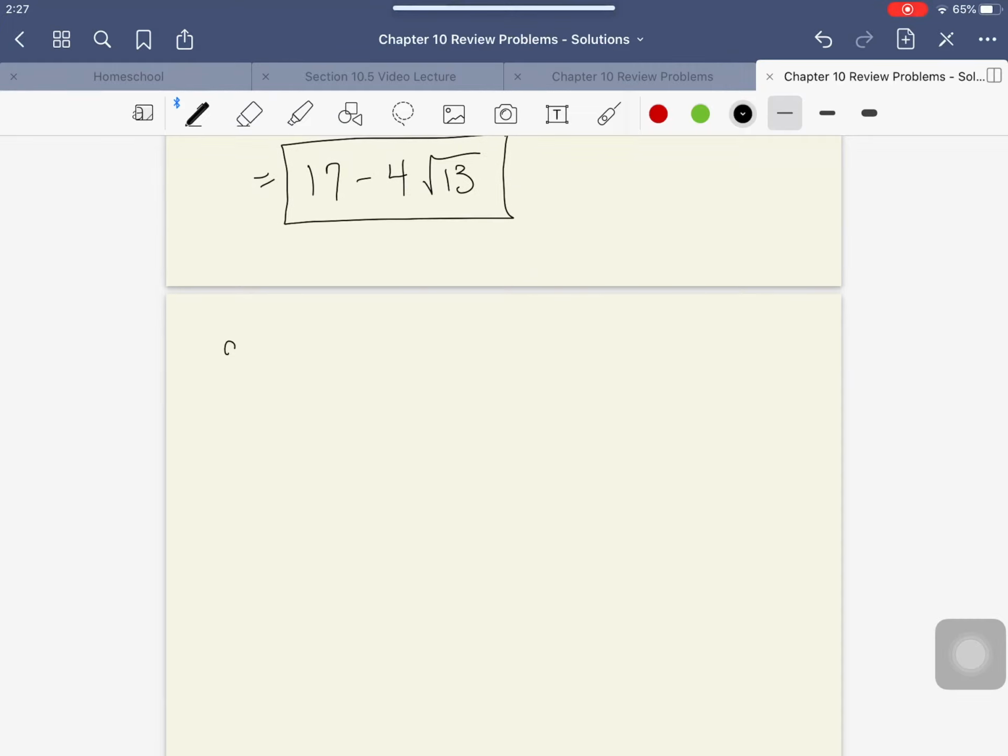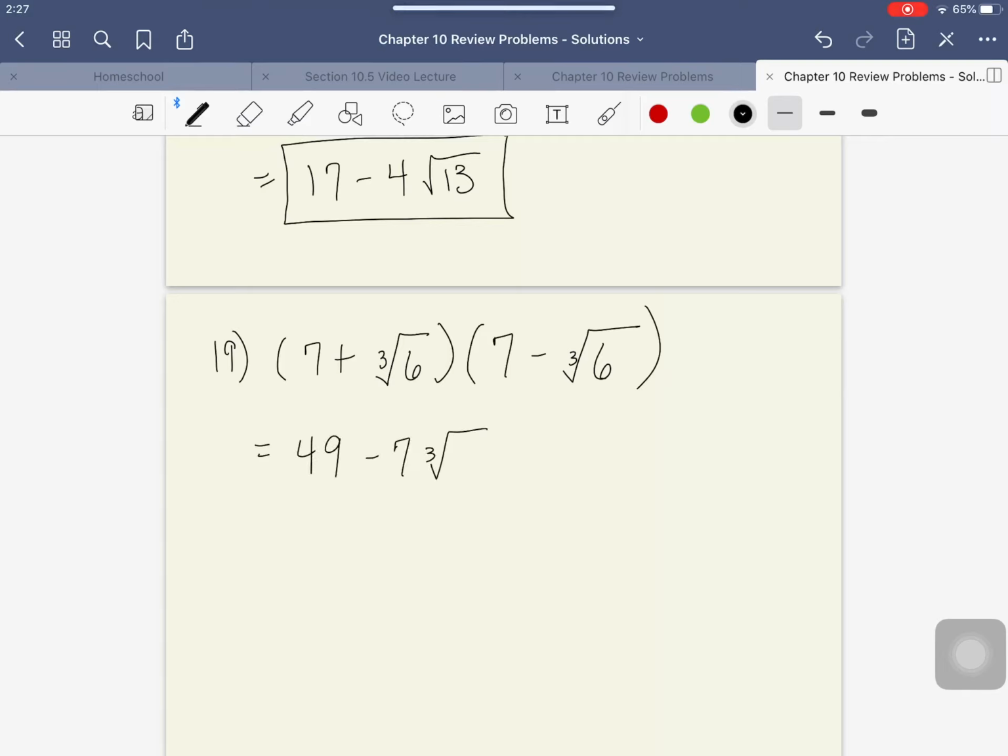Number 19, 7 plus the cube root of 6 times 7 minus the cube root of 6. Again, this will be like the difference of squares. The middle terms will cancel. So I'll FOIL. First term gives me 49. Outer, minus 7 cube root of 6.